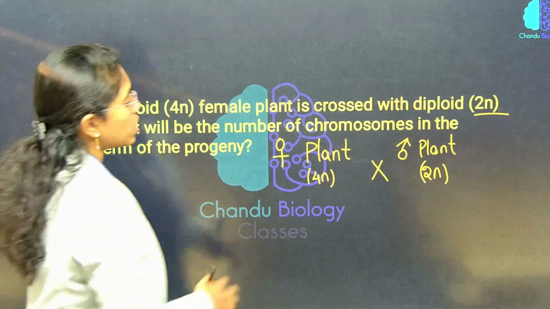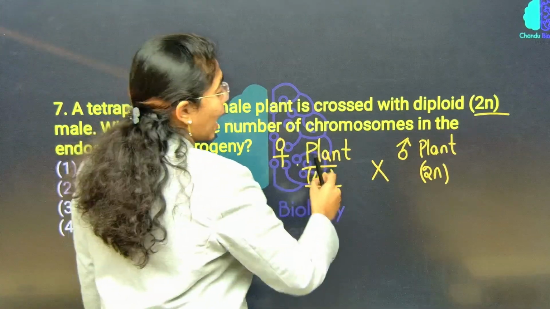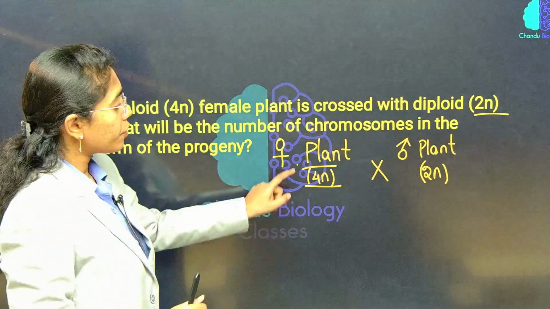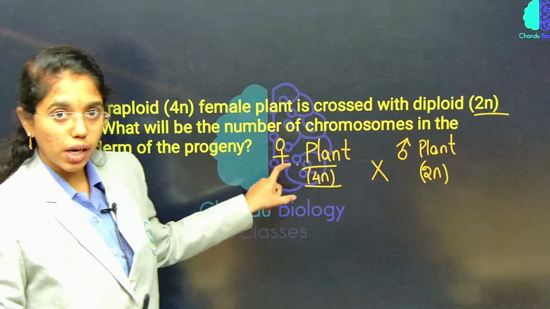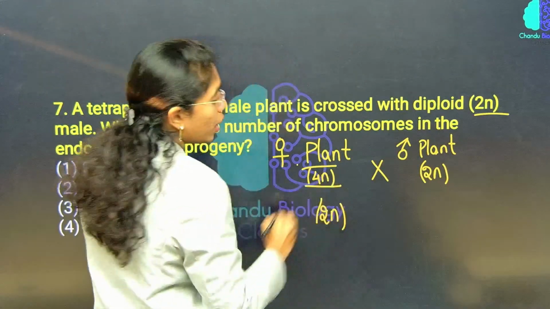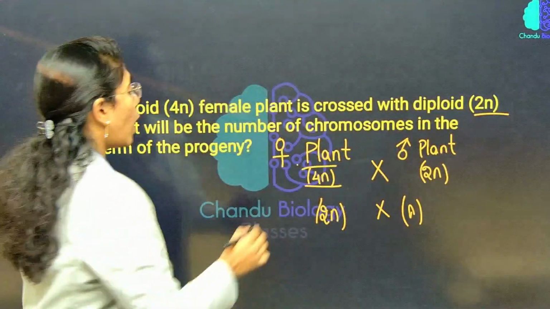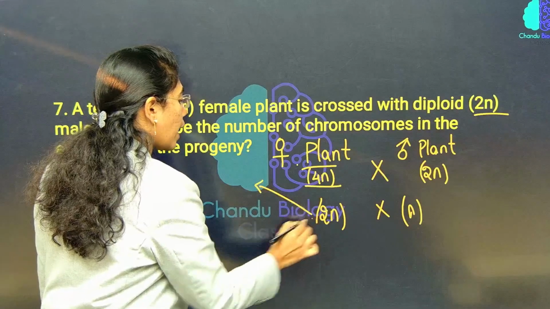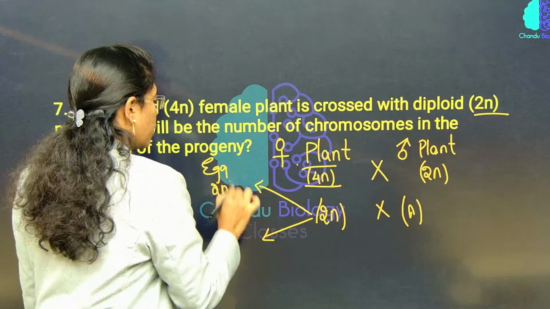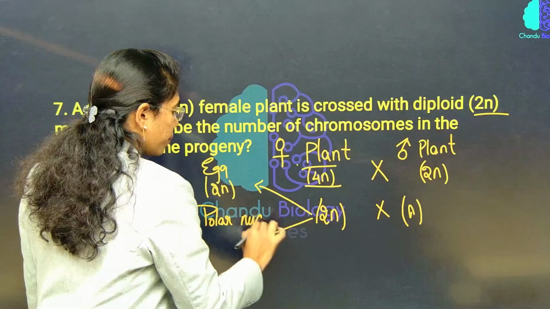So, here if you see female plant whose ploidy is tetraploid, as haploid gametes are involved during the time of fertilization. If the normal ploidy is tetraploid, the haploid form of this will be diploid, right? When it is crossed with haploid male gamete, okay. What will be the ploidy of egg and endosperm here? Egg ploidy will be haploid only, whereas polar nuclei ploidy will be diploid, yes or no?